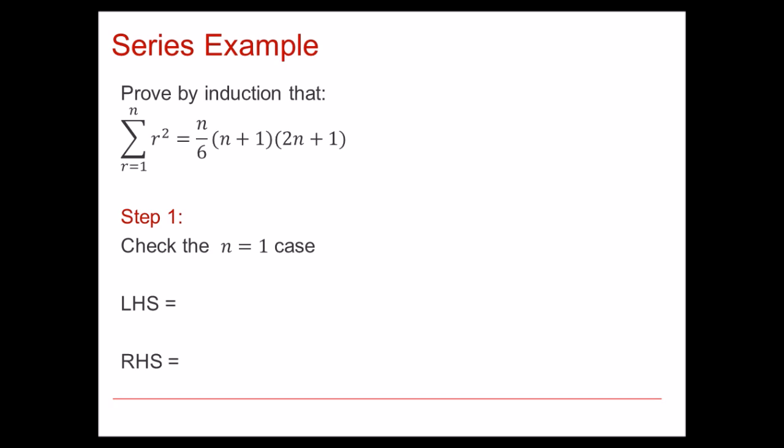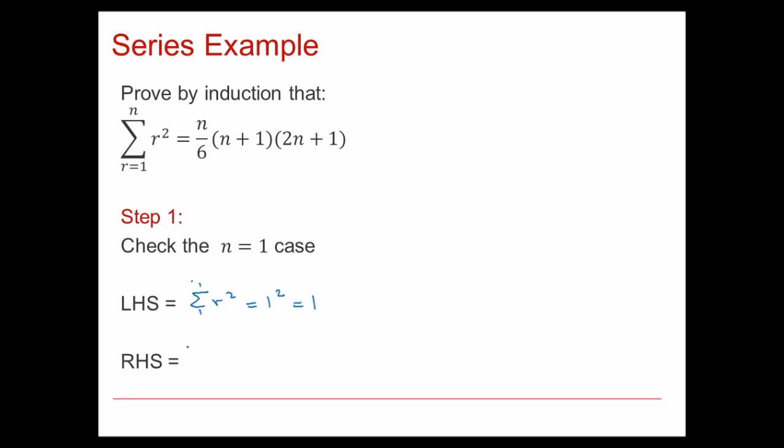So the first step, we need to check that this given formula is true when n equals 1. If we look at the left hand side first, the sum of r squared starting at 1 and finishing at 1 would simply be 1 squared. It's just the first term in the pattern, which is 1.